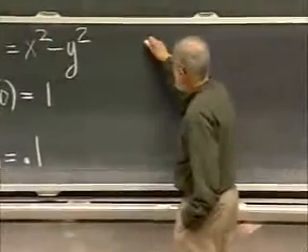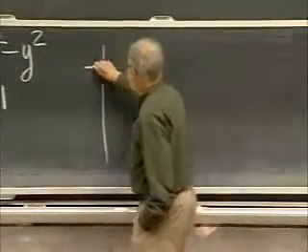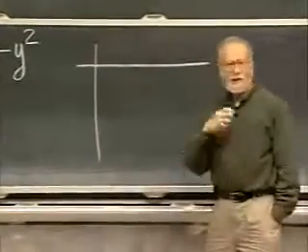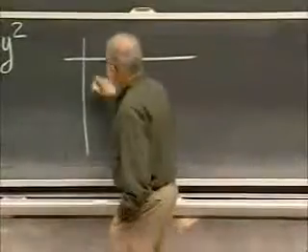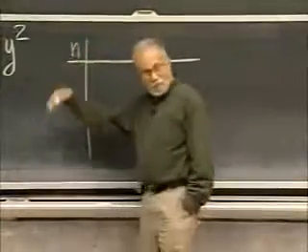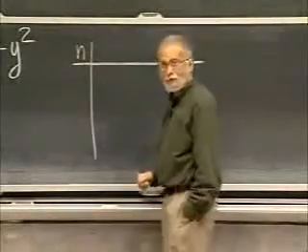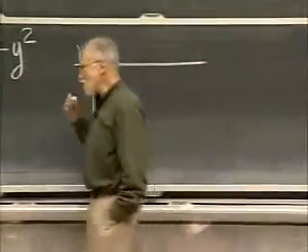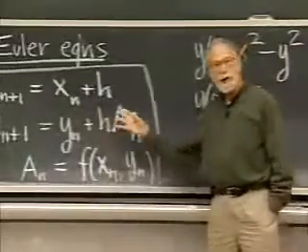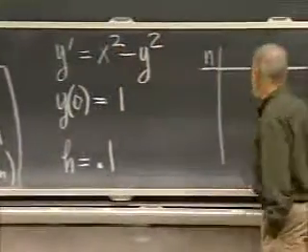So I strongly suggest, this is not a suggestion, this is a command, that you make a little table to do Euler's method by hand. I'd only ask you for a step or two, since I'm just trying to make sure you have some idea of these equations and where they come from.